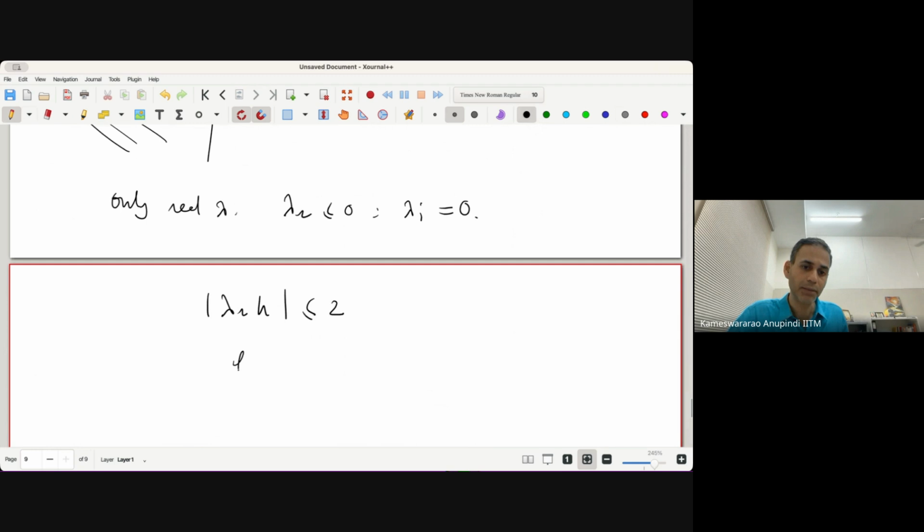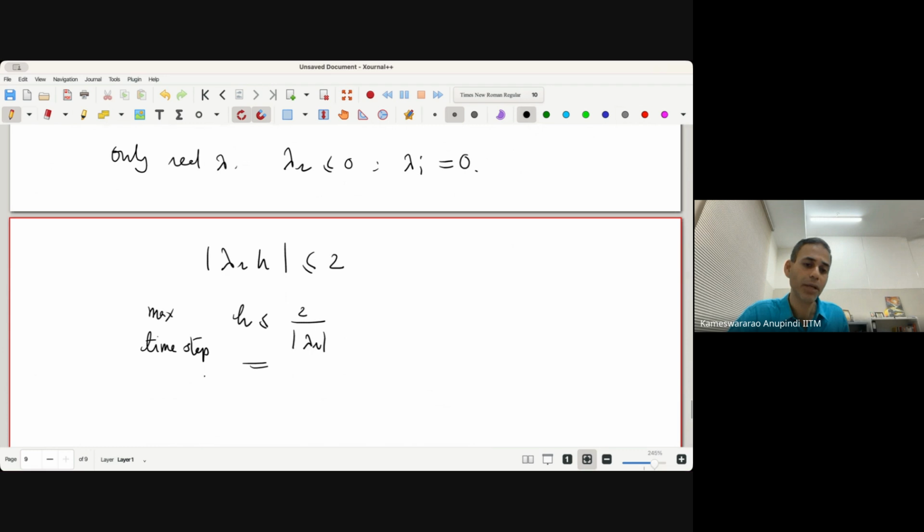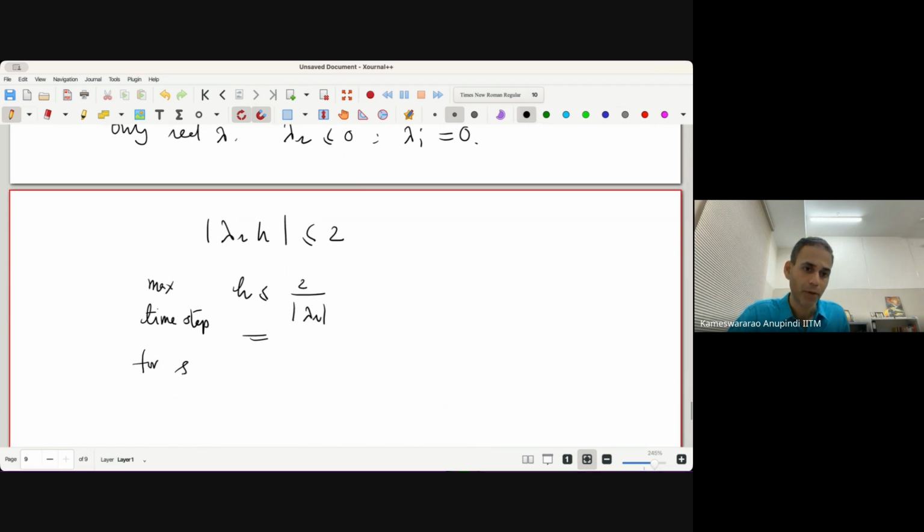So as a result, the maximum time step I can take would be 2 by modulus of lambda r. So this is the maximum time step that can be taken for obtaining a stable solution for a given lambda r when lambda I is equal to 0.